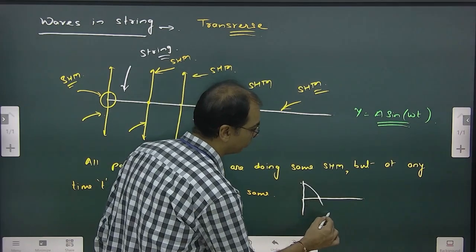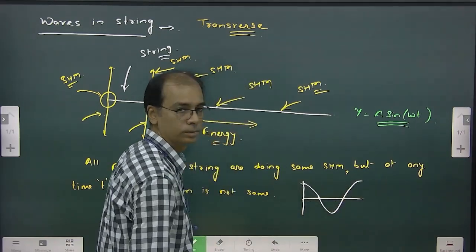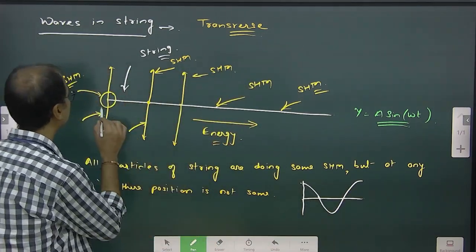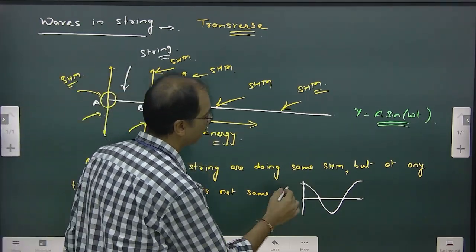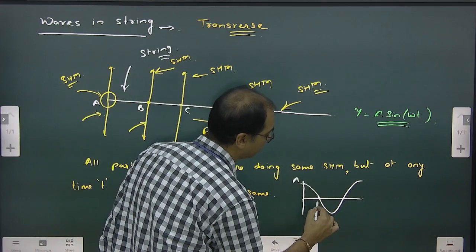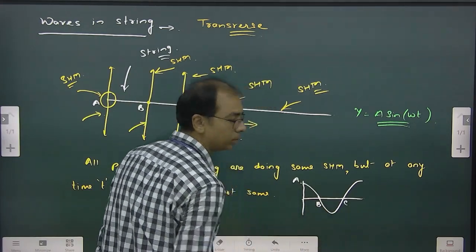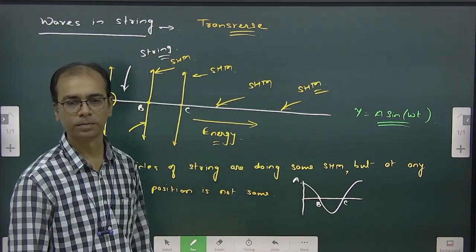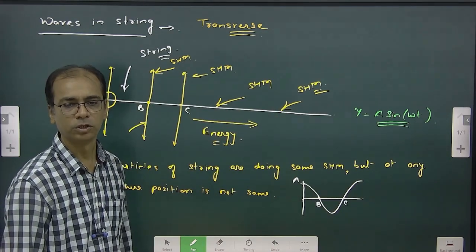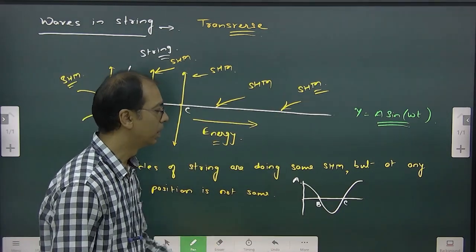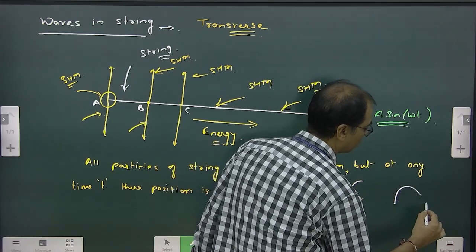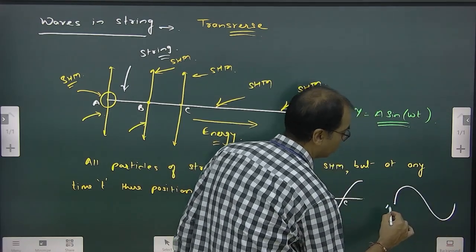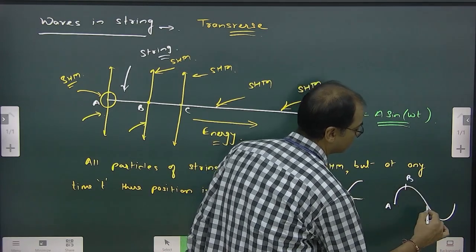Like this will be the wave. If this point is A, this point is B, this point is C, and so on, then when point A is here, point B is here, point C is here. See their positions, different positions. When A comes down, B is here, then C is here.